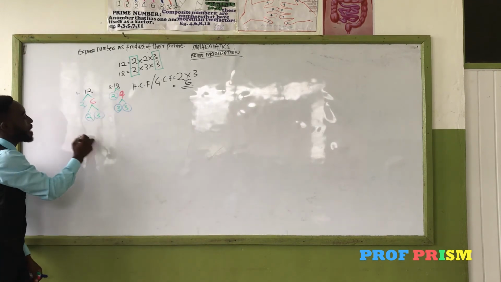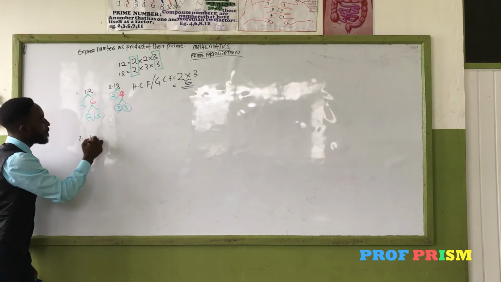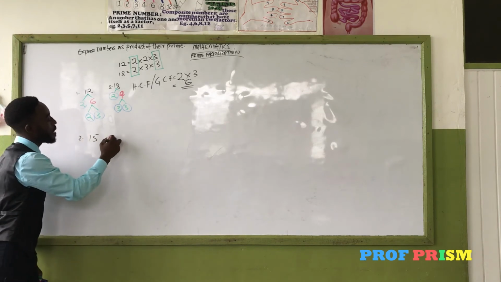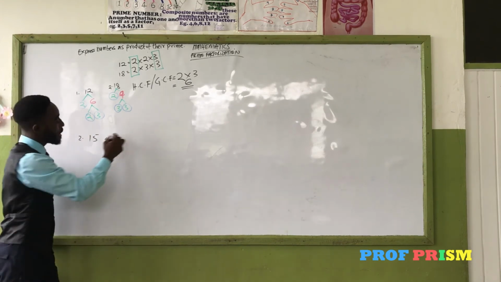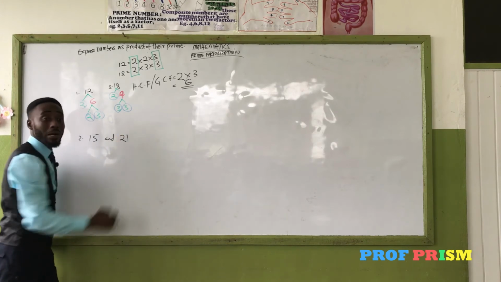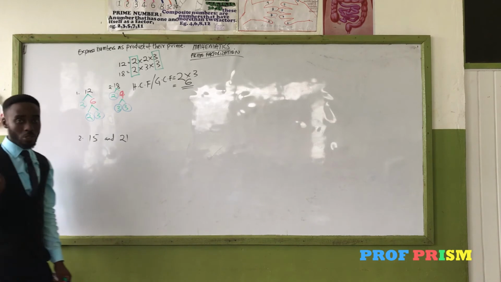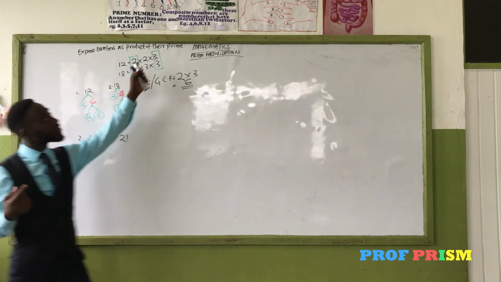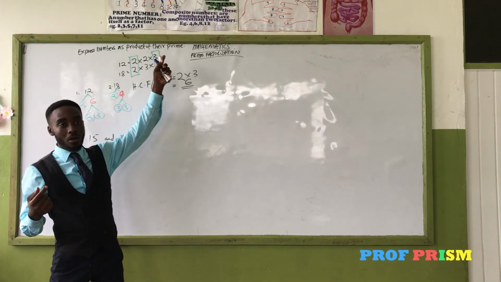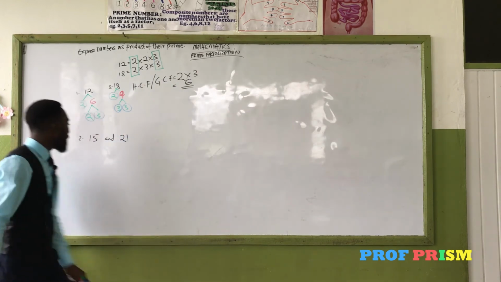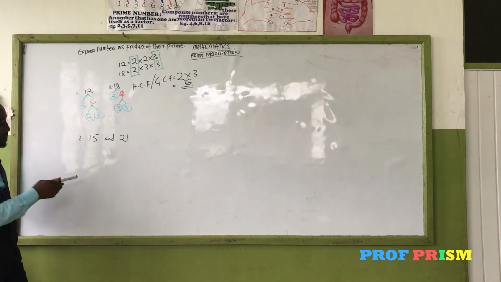Now let's try another one. Maybe 15 and 21. We would have to express 15 as a product of its primes.